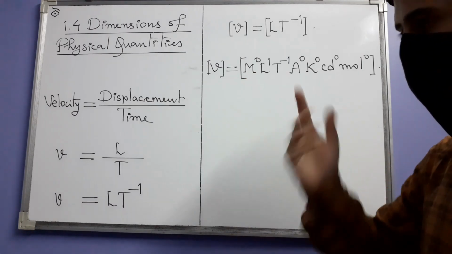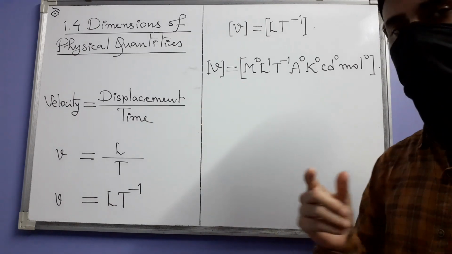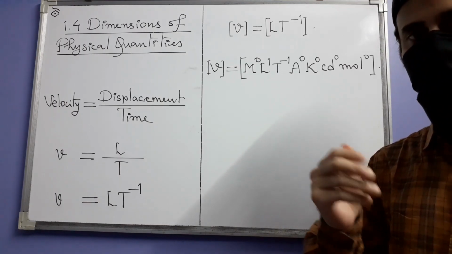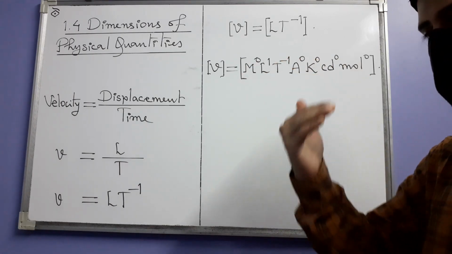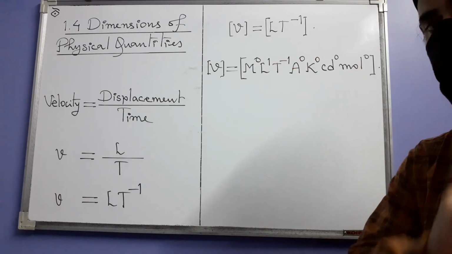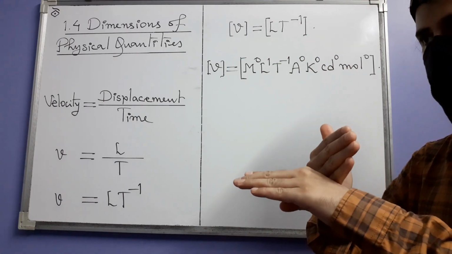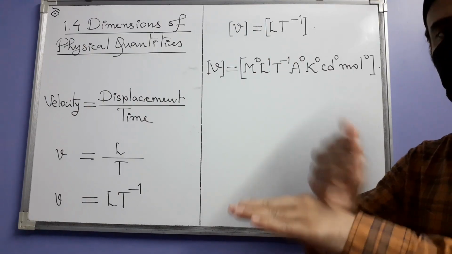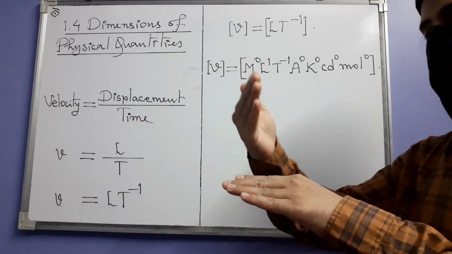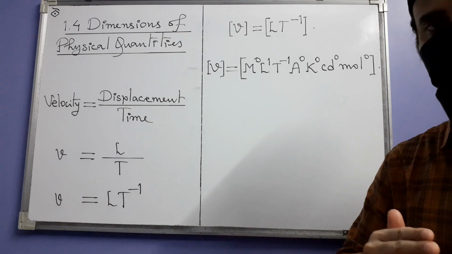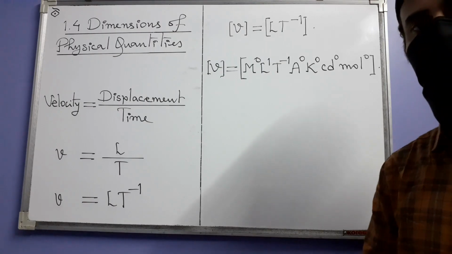They do not influence velocity in any way, and that is why all the units of velocity that you see, kilometer per second, meter per second, all possible units have only a unit of length and a unit of time, kilometer per hour, meter per second. You do not see kilogram meter per second. Okay, you do not see things like that. Or say meter per second times Kelvin. No, it only depends on length and time.